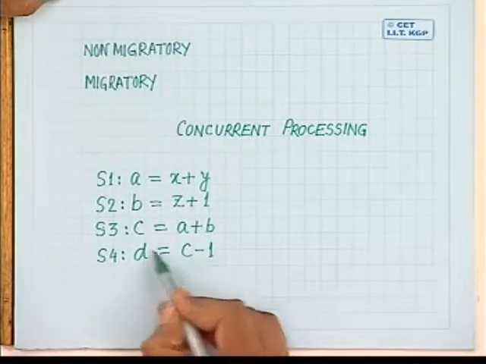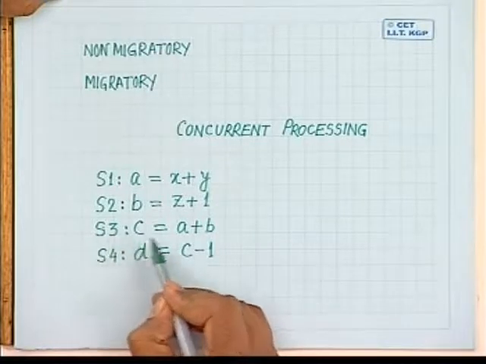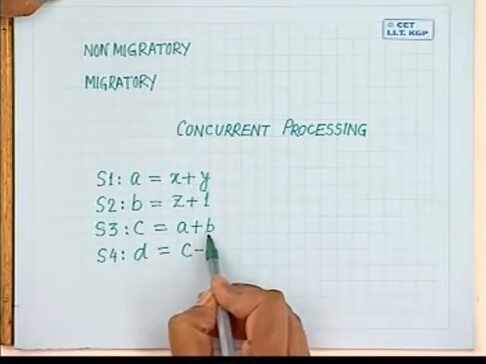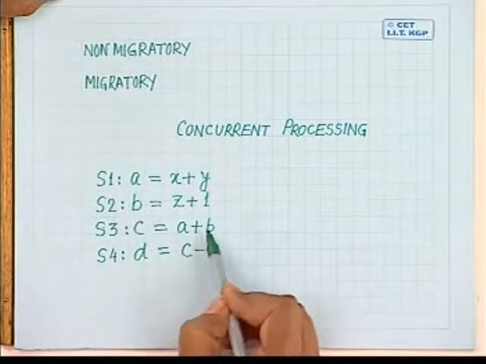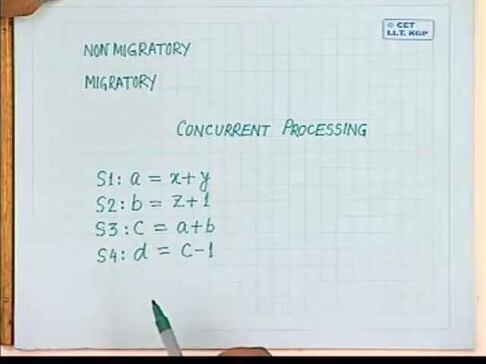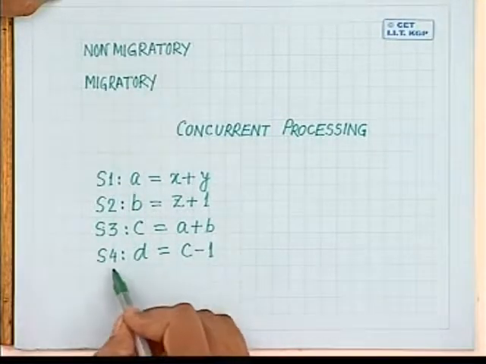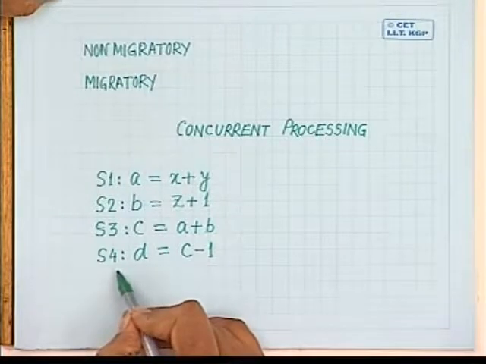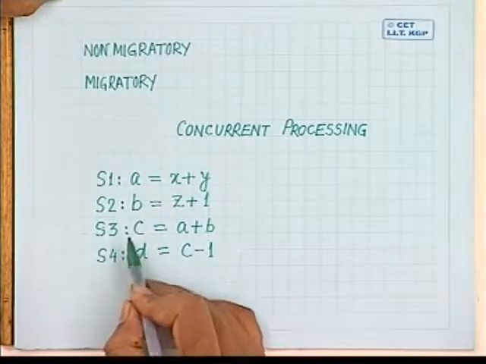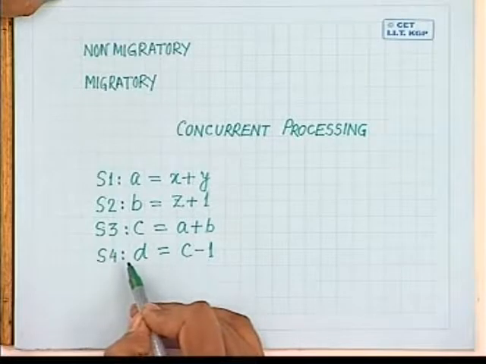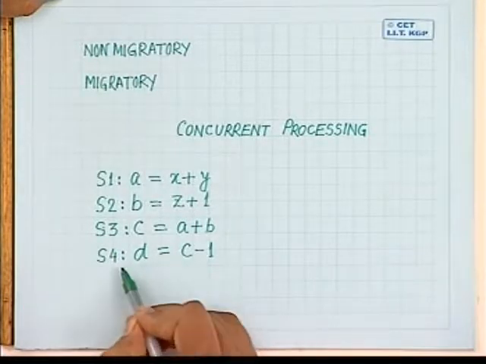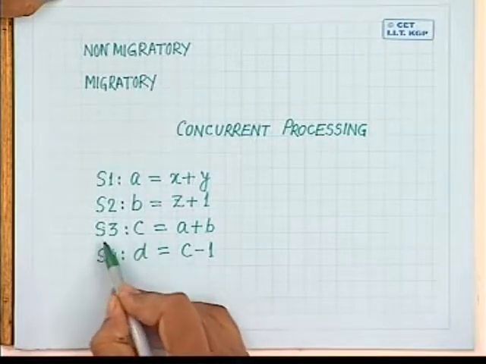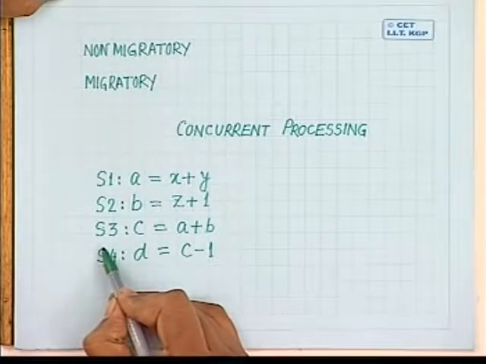Again, C is computed in S3, which makes use of two variables A and B. So S4 cannot be computed before completion of S3, because the value of C used in S4 is decided in S3.